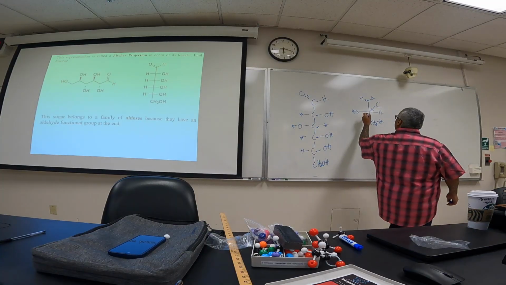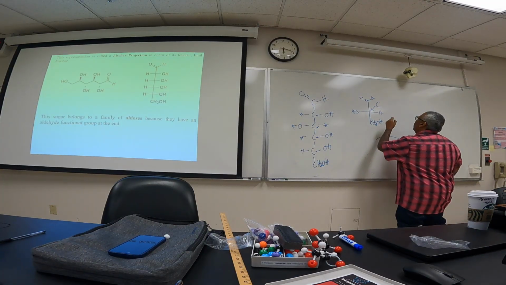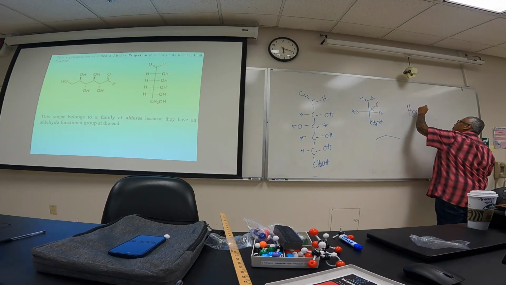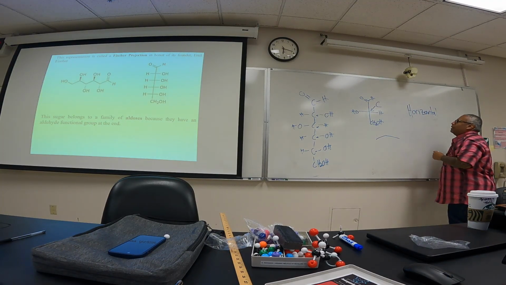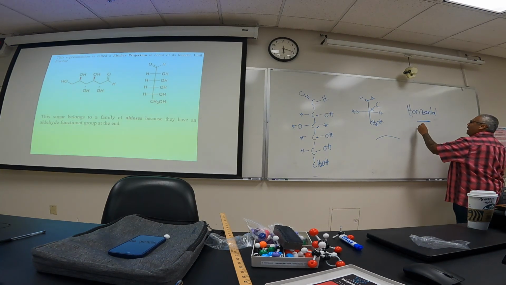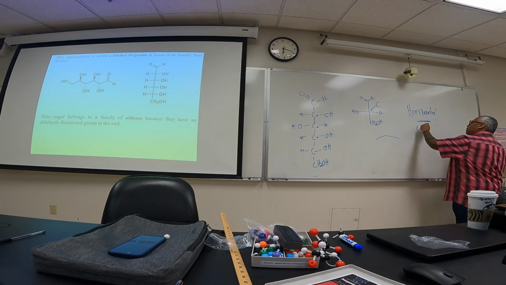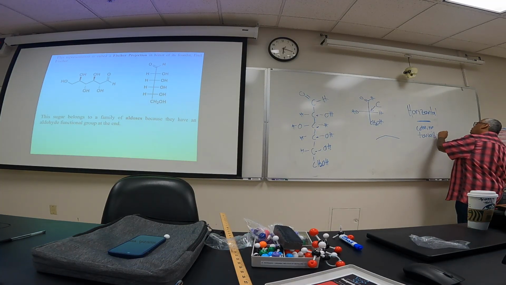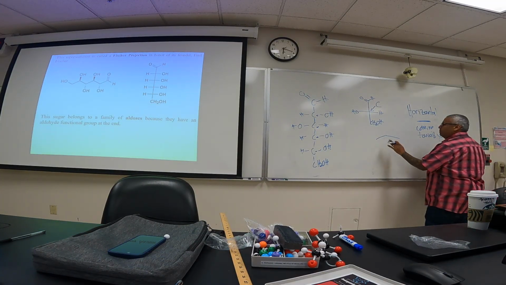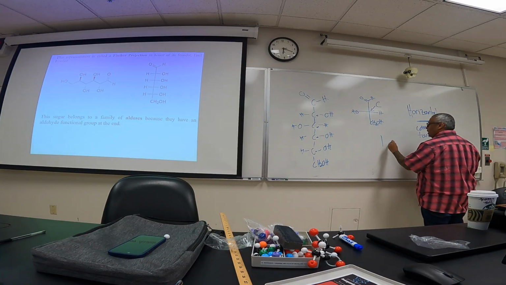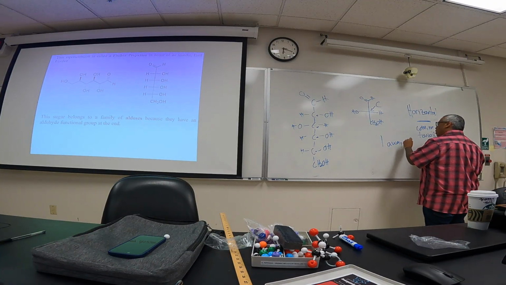Now, along with this here, any line that's horizontal, these are going to represent atoms that are coming toward you. And any vertical line, right, these represent atoms going away from you.